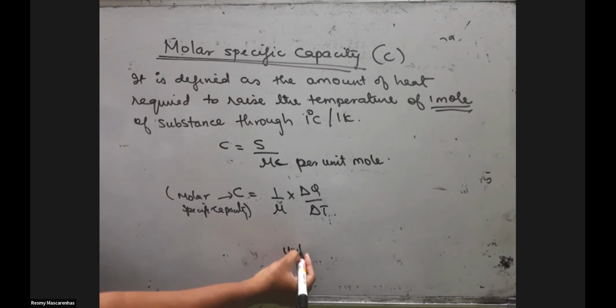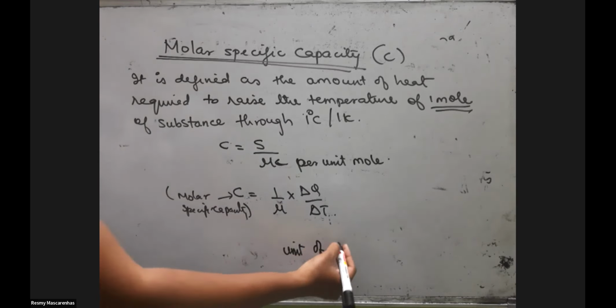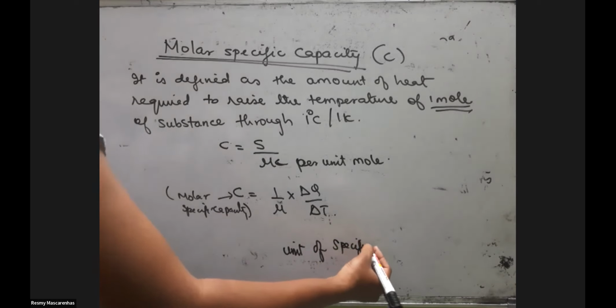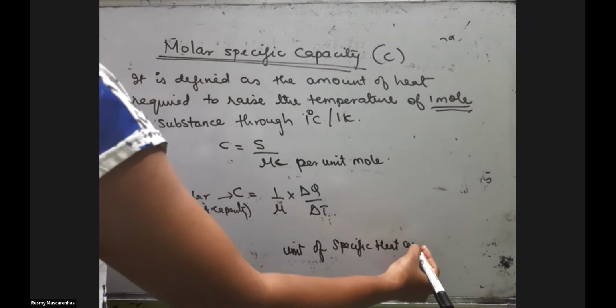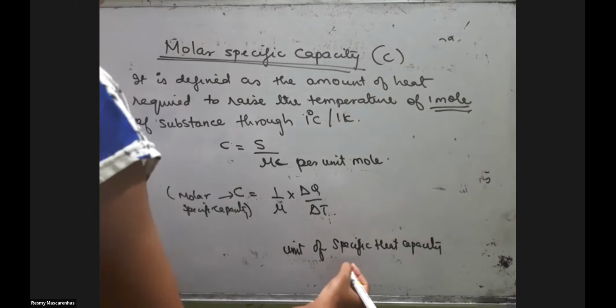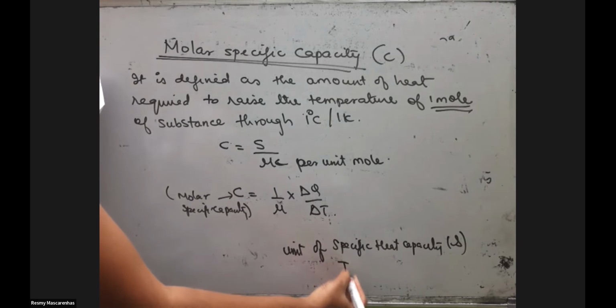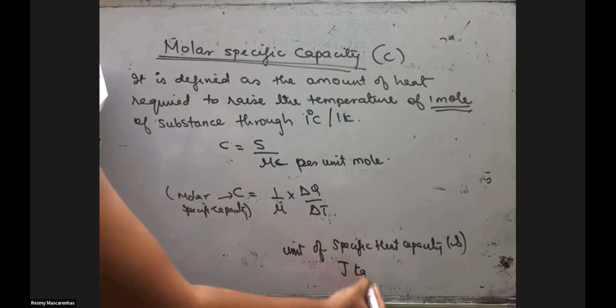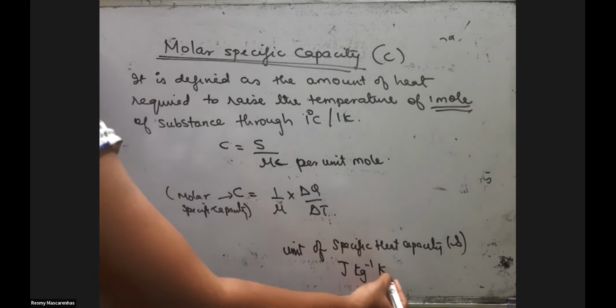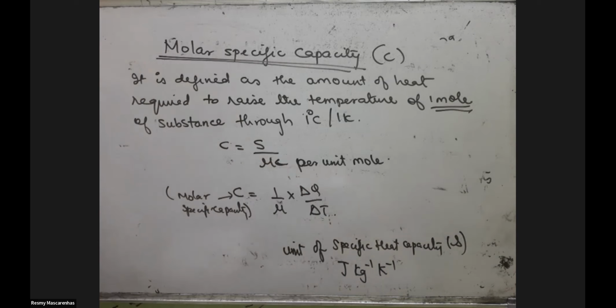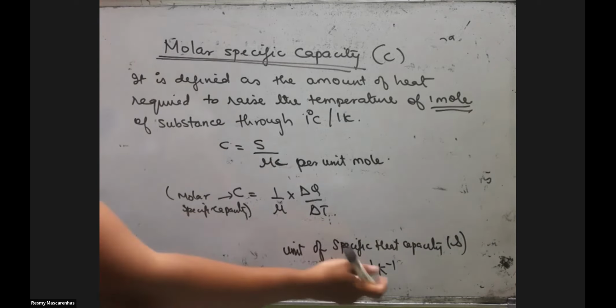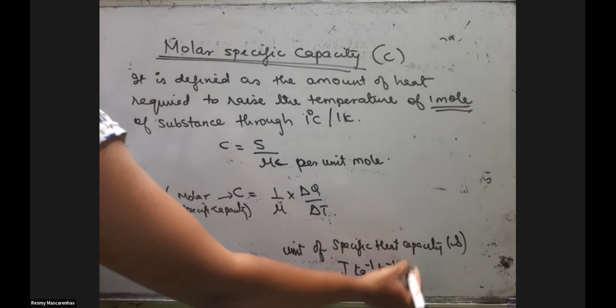I think I have not given the unit of specific heat capacity. It is small s. Since we use it per kg, the unit is joules per kg per Kelvin, or per degree Celsius.